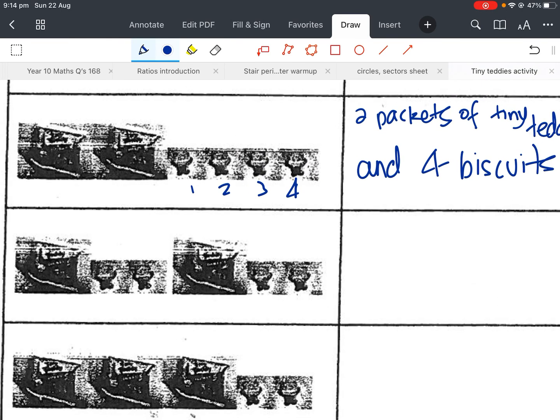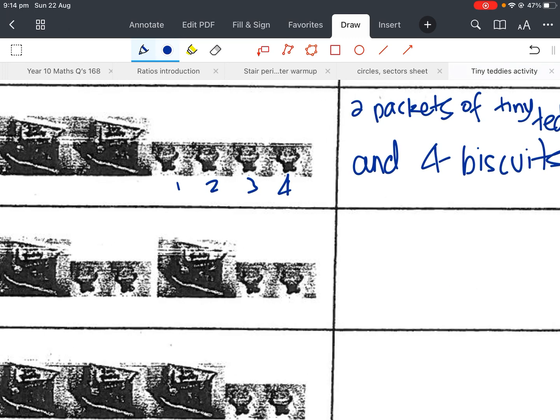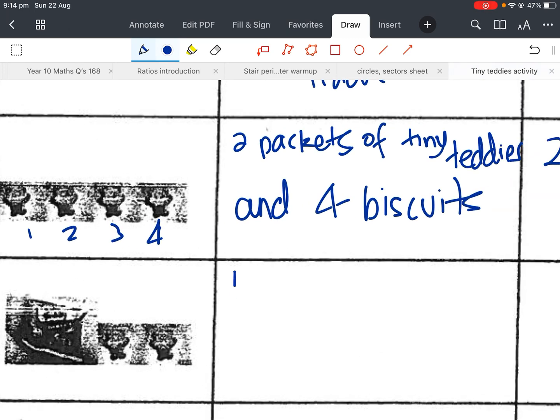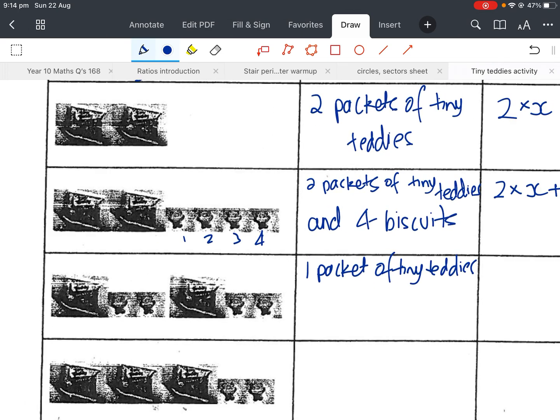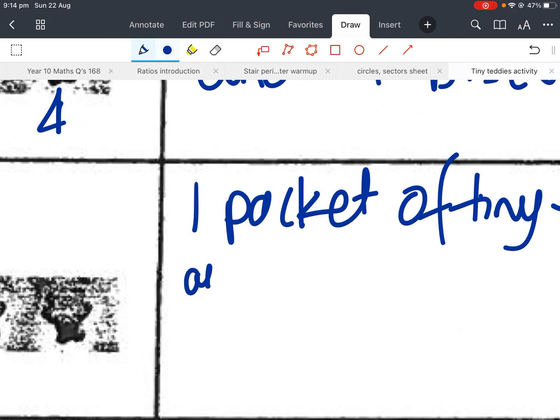Stop the video, see if you can do it on your own. Here's the answer if you're not sure. So this time I have 1 packet of tiny teddies, and then I have 2 biscuits. Oops, that's not how you spell biscuits, miss.